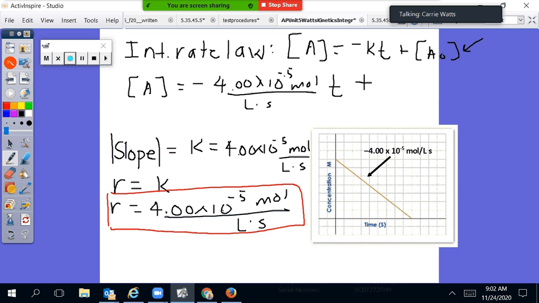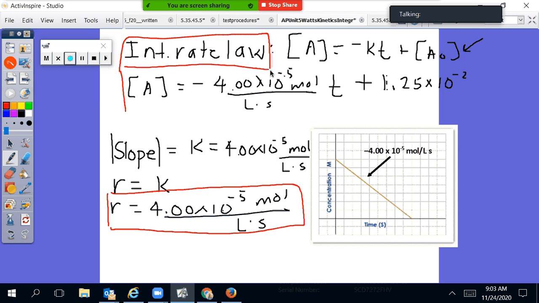This was given in the problem as 1.25 times 10 to the negative second. So what I just wrote out is our integrated rate law. We have our rate law and our integrated rate law.